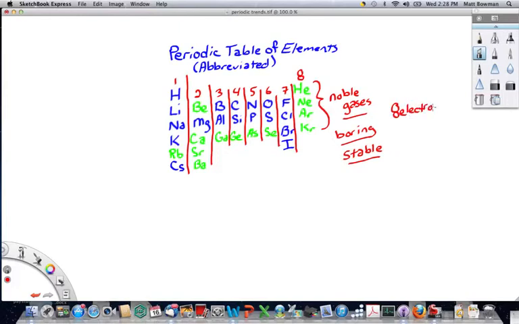You can tell that because they are in group 8. And these numbers above each family tell you how many electrons are in their outermost shell. 8 electrons is a very stable thing. It's basically called the Octet Rule. Elements are constantly trying to have a complete octet around them, because that provides a great deal of stability.